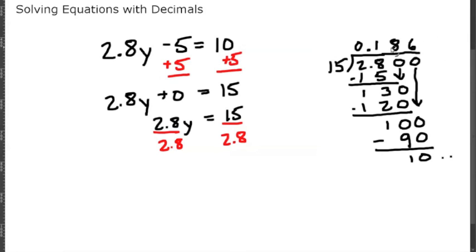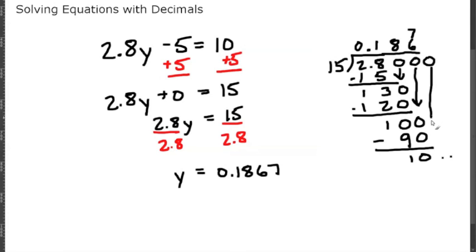So we're just going to leave it as 0.1867, rounding up. So y is going to be equal to 0.1867.